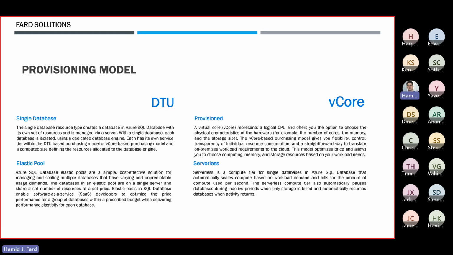But when it comes to the DTU, we have two subsets, which are single database and elastic pool. Sometimes you want to isolate your database workload and resources, and you don't want to share with any other database workload, which means that you want to allocate 200 DTU only for your HR application database.